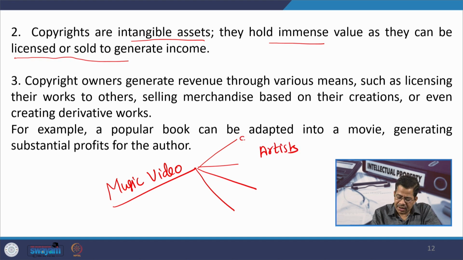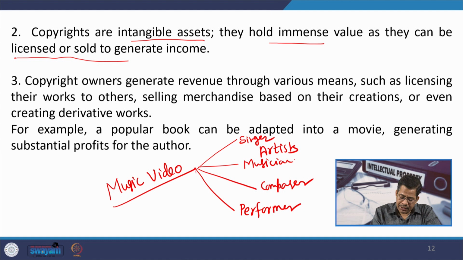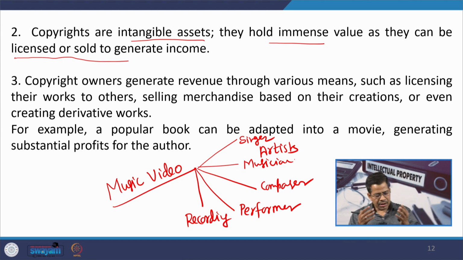One is a singer, another is a musician, another is a composer, another is a performer, another is the person who is doing the recording. So, they are different types of people who are part of the development of the music video, and they all have the IP of their skills, their abilities, their creativity.